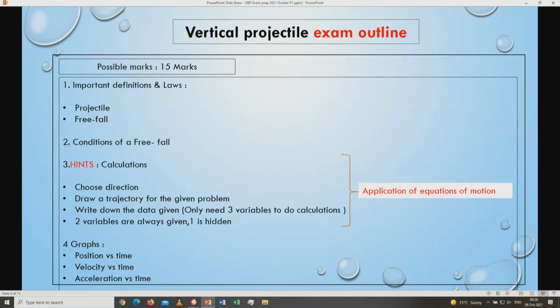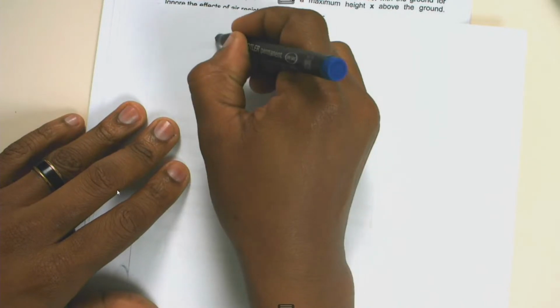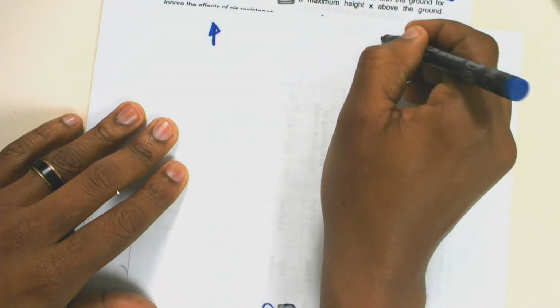The first thing to do there at number 3, it says choose direction. Very, very important. Remember, we are working with 1 dimension, so we know that our projectile can only go up or down.